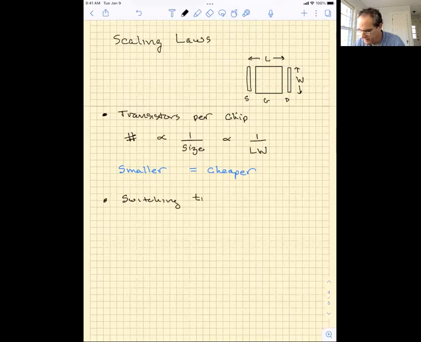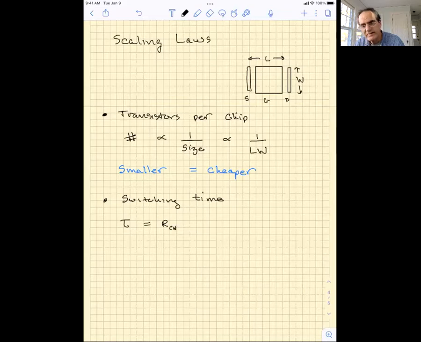How about the switching time? How long does it take to switch a transistor from on to off? Well, in order to do this, we have to inject or remove a certain amount of charge from the channel. And this process, this time, is governed by an RC charging time.